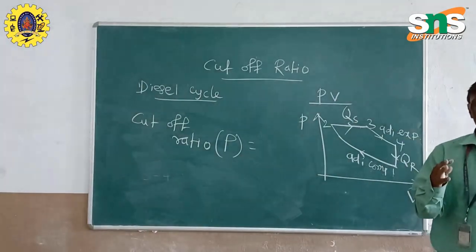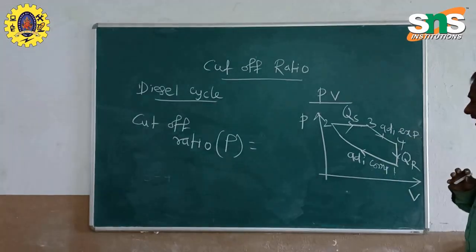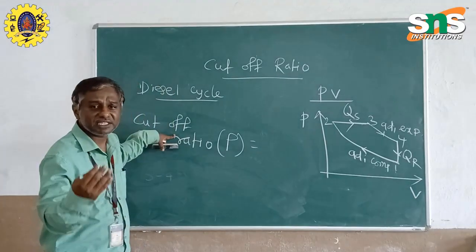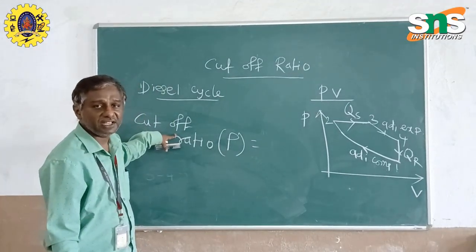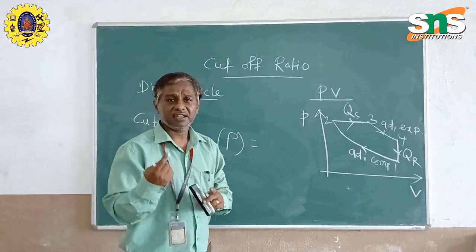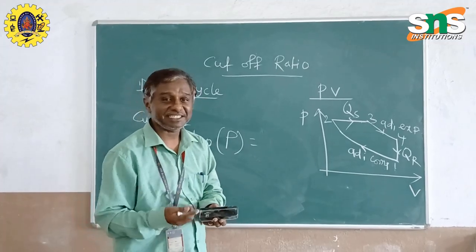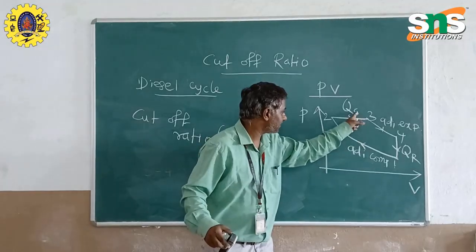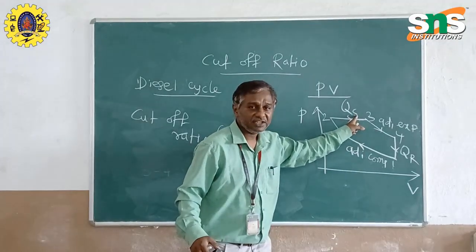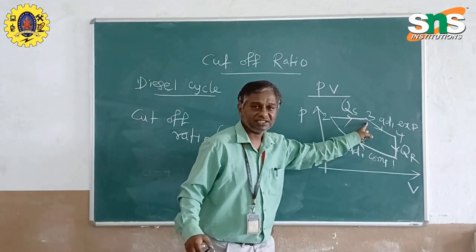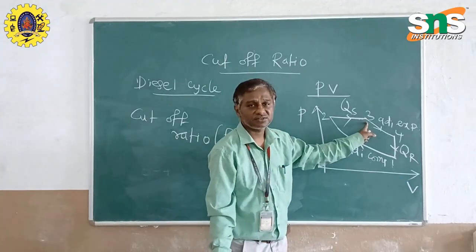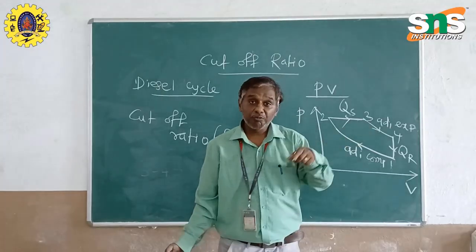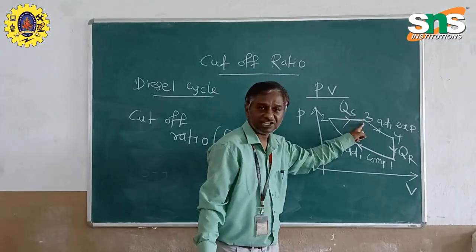There is a point called the cutoff point, where cutoff means the fuel is cut off. In which process are you applying the heat? The process 2 to 3. Here you are applying the heat, and it is cut off at point 3. Then it goes to another process. So it starts at point 2 and ends at point 3. The cutoff point means point 3 is the cutoff point.